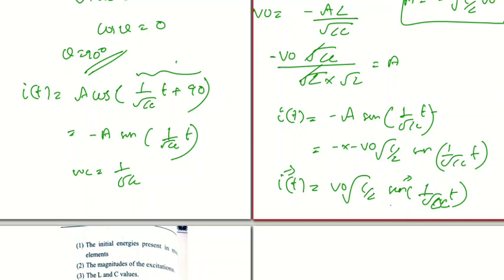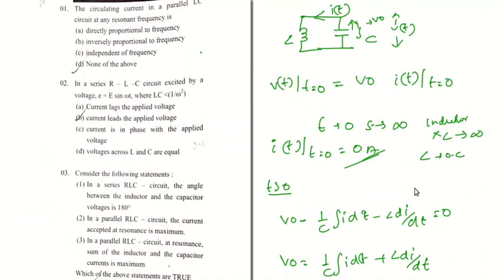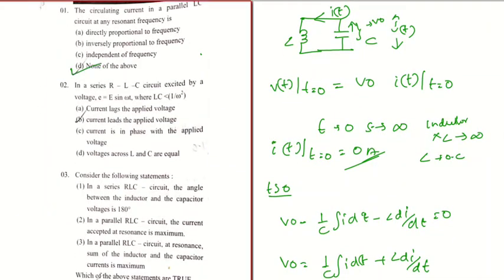That means it is not linearly dependent, neither inversely nor directly proportional, but also it is not independent. It is dependent upon the sine value. So we cannot say that it is inversely proportional, directly proportional or independent. We have to choose the option, none of the above. Hope you all understood it. Thank you. Let's move on to the next question.